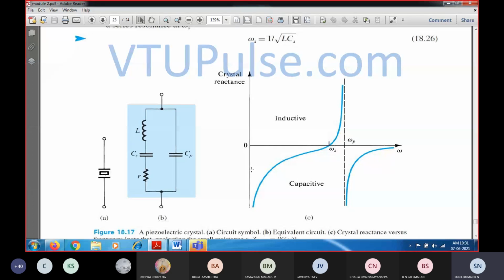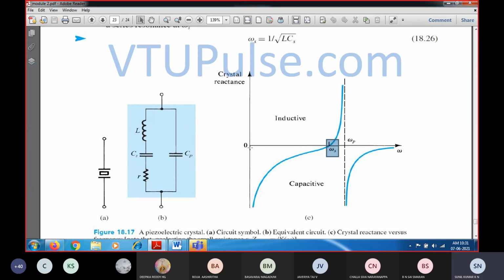When you apply the voltage across here, if the frequency of application is very low, you can see omega s corresponds to the series resonance frequency and omega p corresponds to the parallel resonance frequency. The parallel resonance frequency is at a higher value, where the reactance reaches infinity, whereas the series resonance frequency has a much smaller value.